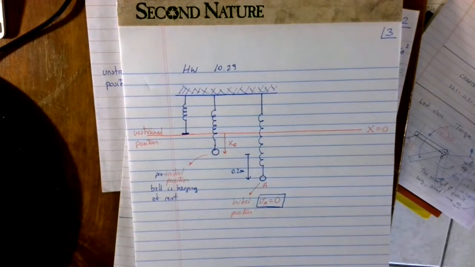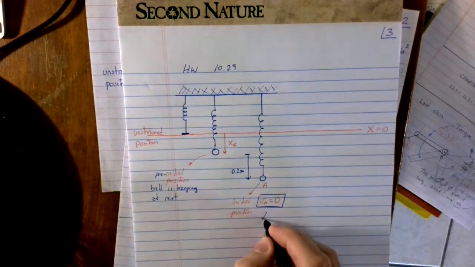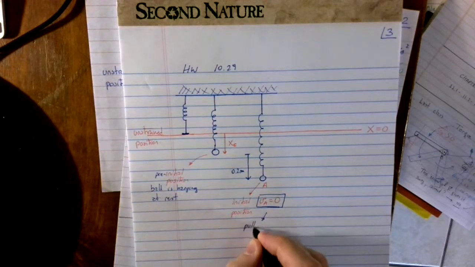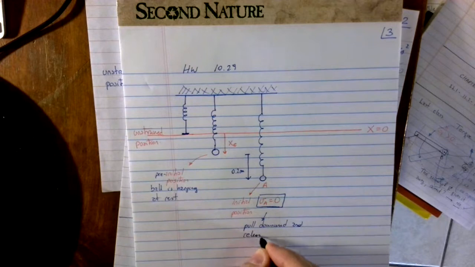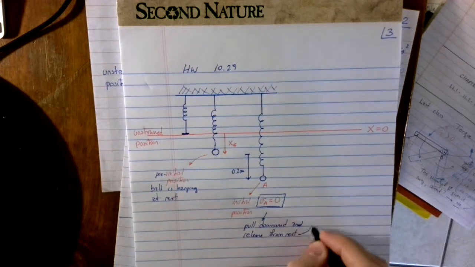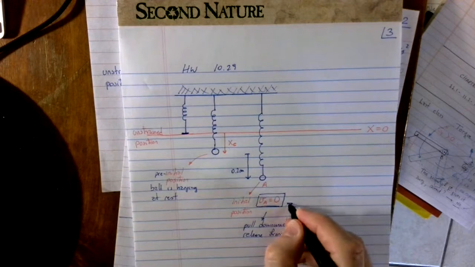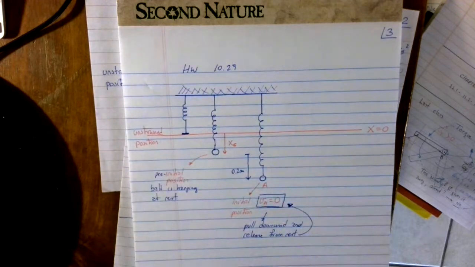Okay, so the object is pulled 0.2 downward and then released from rest. That's actually what they say. They are pulled downward and released from rest, and this implies that the initial velocity is 0. Okay, can you describe what it will be?